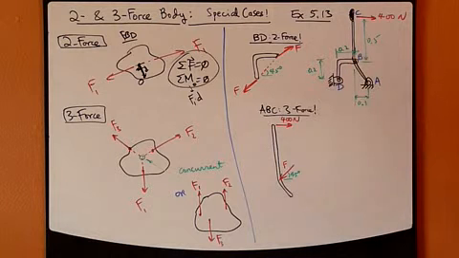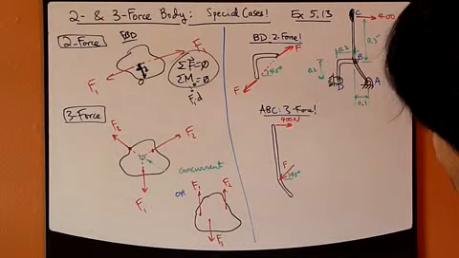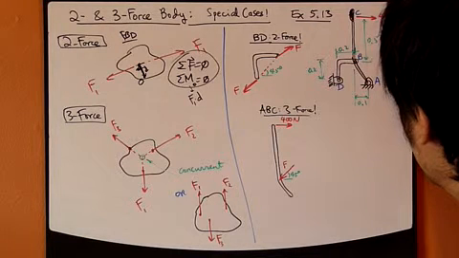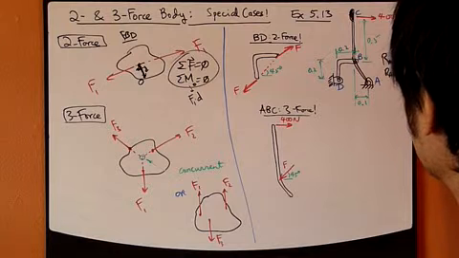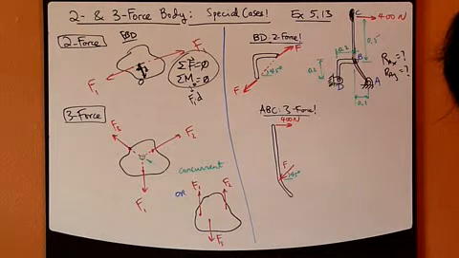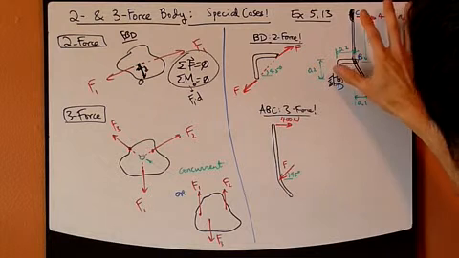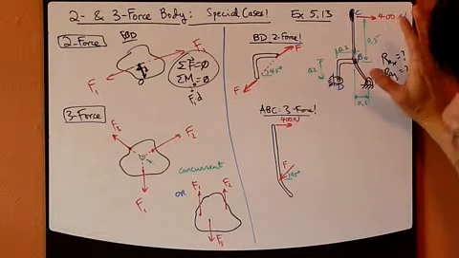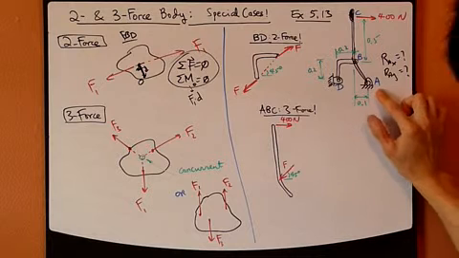So in this problem, there are a couple ways to analyze it. Now, R_Ax and R_Ay are the unknowns. So we want to choose a free body diagram that will allow us to find the reaction forces here.